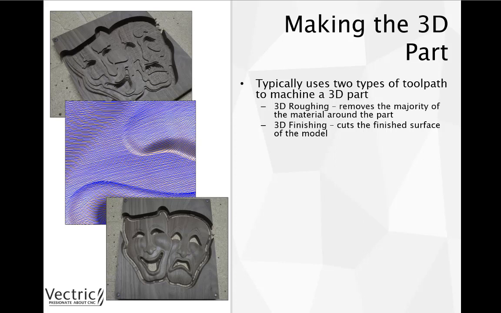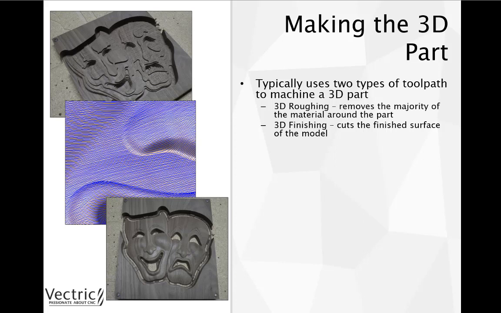And with that 3D finishing toolpath we'd use a very small step over, and we can see the actual preview of the toolpath itself in this image here. So you can see the lines are very close to each other, and then the result of this is the actual finished cutout, which you can see at the bottom there. And so the smaller the step over, the better quality the finish will be. The penalty for this is that it's going to take longer to cut it out.